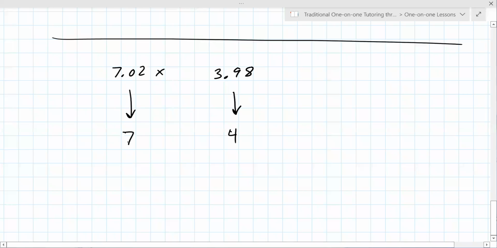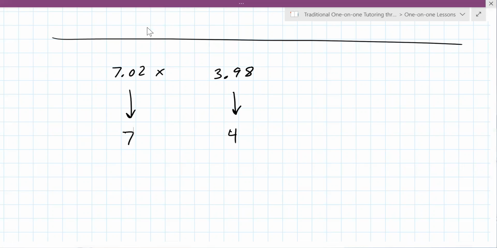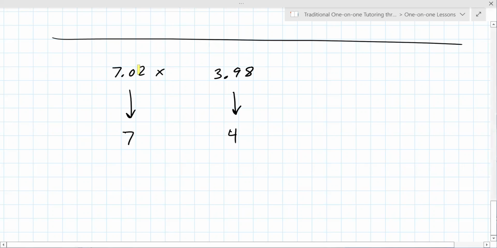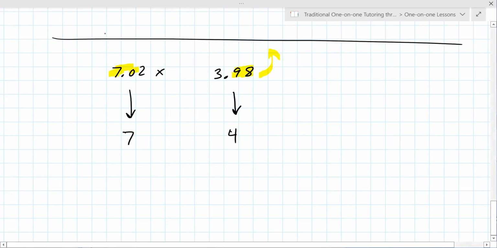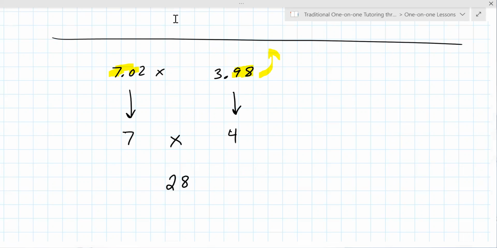So you're generally either chopping off the decimal, just focusing on that number in front, or because the decimal is so close to the next number, you go up to the next one. We haven't talked a ton about that, but what is 7 times 4? 7 times 4 is 28. So if your answer is near 28, you're probably in the right place.